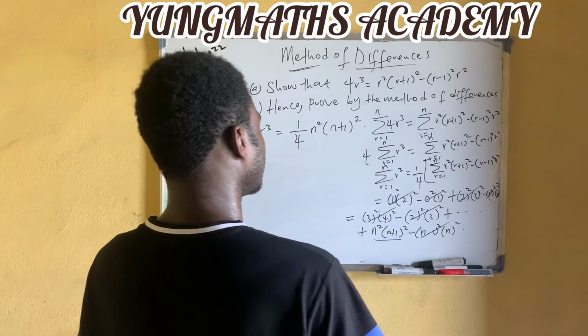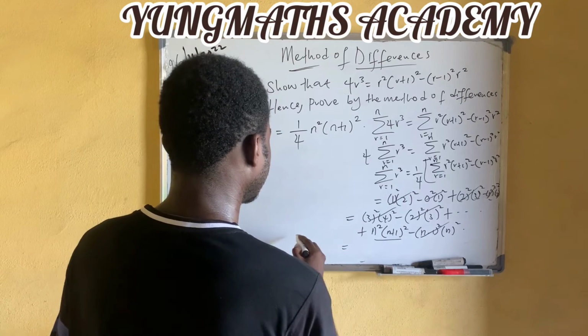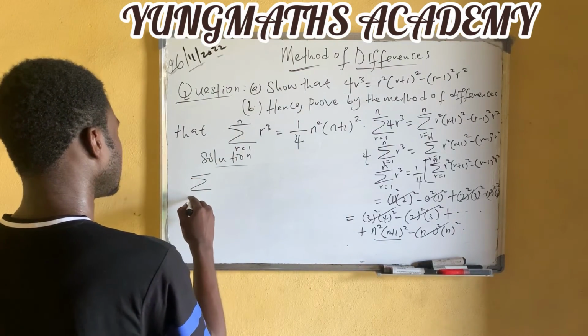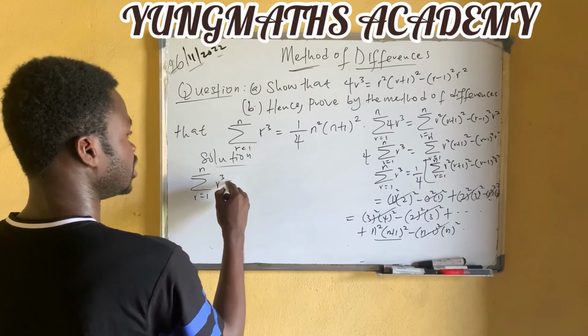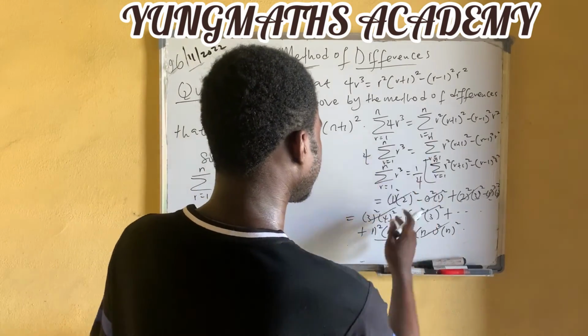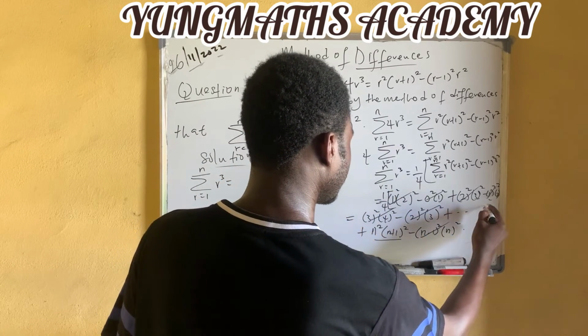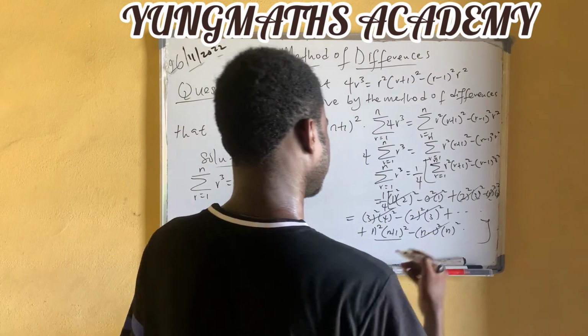So when I have this term, which simply means that what I have here is my summation. I can just write that here, that the summation r from 1 to n of r cubed is equal to, don't forget, here we have 1 over 4 of all this, just this.